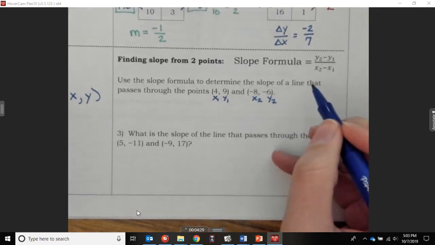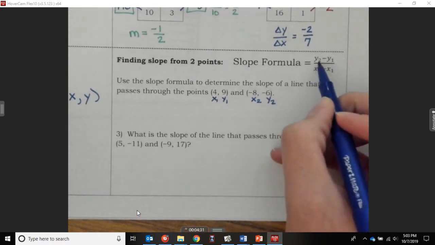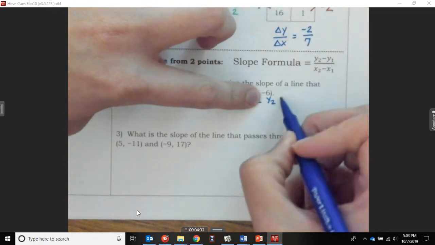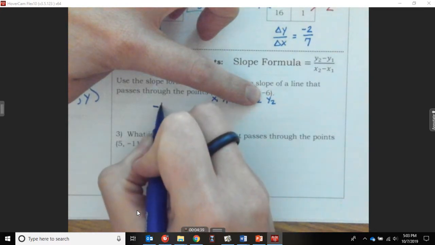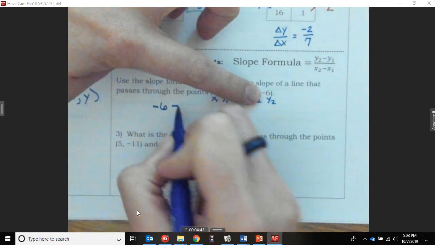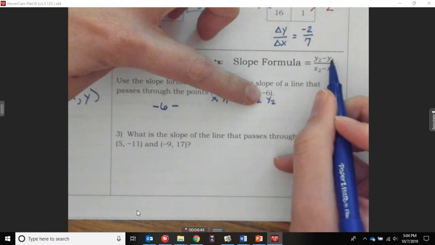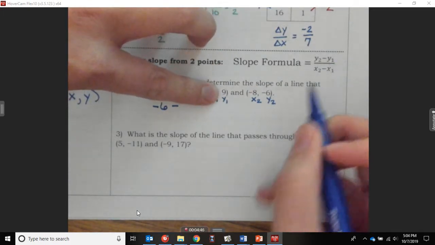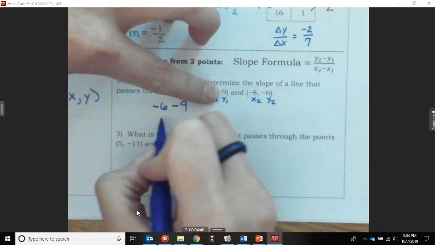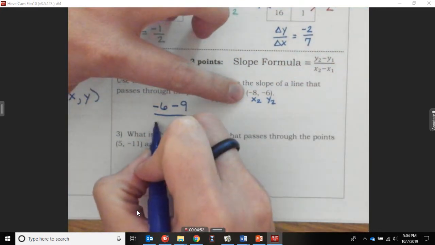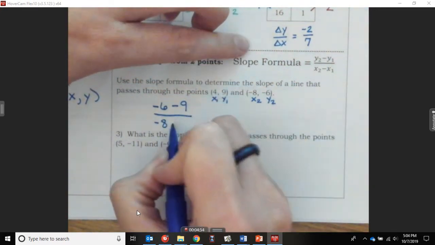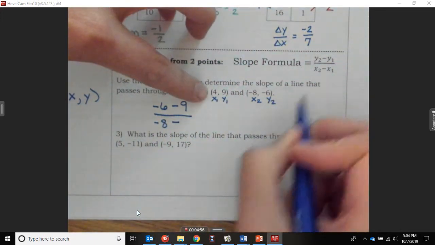And so we're just going to plug into this formula. y2 is -6, minus, because that's part of the problem, y1 is 9, divided by x2 is -8, minus x1, which is 4.